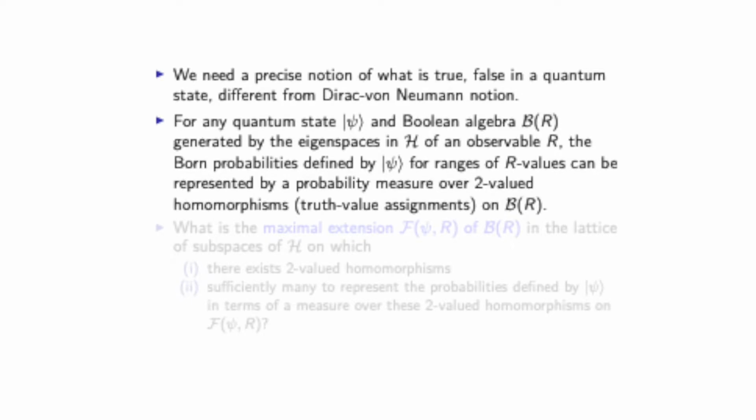I hate it when people actually reveal bits of slides, but this is the only slide where I'm doing this, just because I think it makes sense here. So just an observation to start with. For any quantum state and a Boolean algebra, just one Boolean algebra, generated by the eigenspaces in the Hilbert space of an observable R, the Born probabilities defined by psi for this Boolean algebra, for ranges of values of these R values, can obviously be represented by a probability measure over the two-valued homomorphisms, or truth value assignments, on this B_R, on this Boolean algebra.